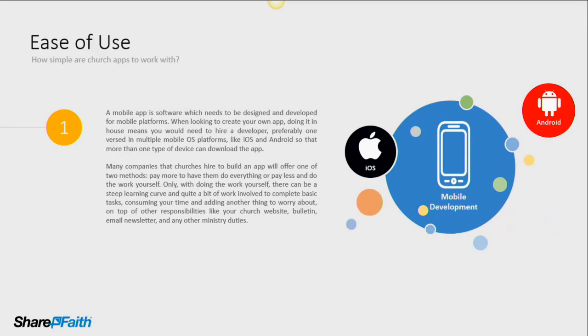Is it somebody's cousin who just happens to know how to code, who's going to get around to developing it for you when they can? Or is this a company of developers that does this professionally, and what are their rates and how does that all work? These are all things to keep in mind when you're looking around, because most of the time you're not going to have somebody on staff who knows how to develop all this stuff and do it for you.